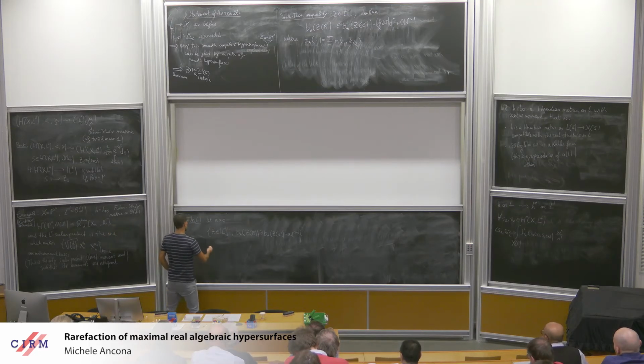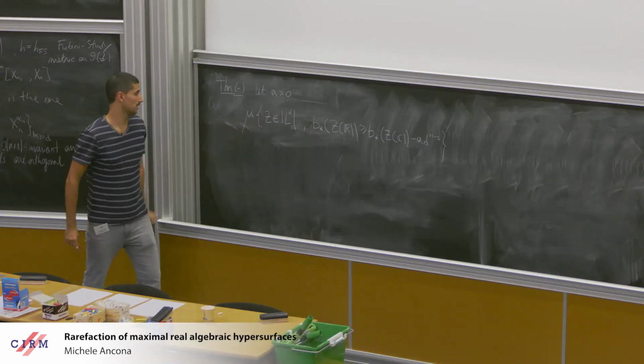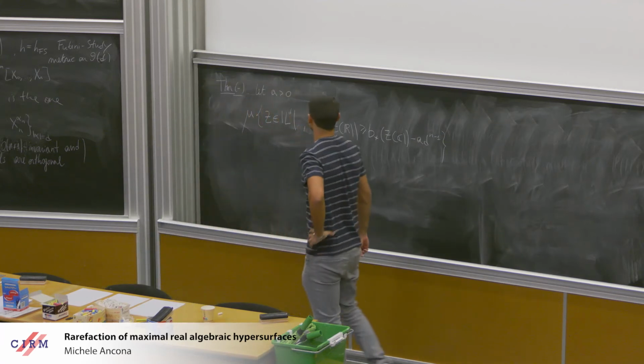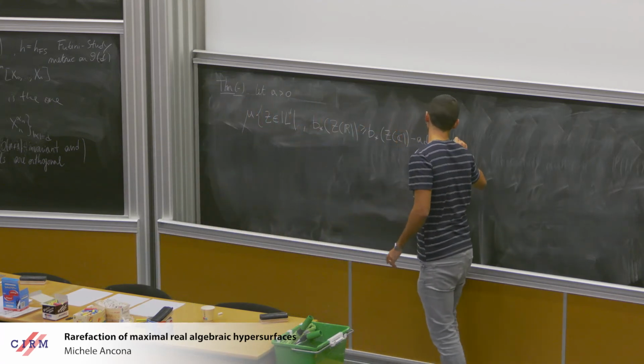And then the result is that the volume of the connected component of the discriminant represented by these hypersurfaces is exponentially small.